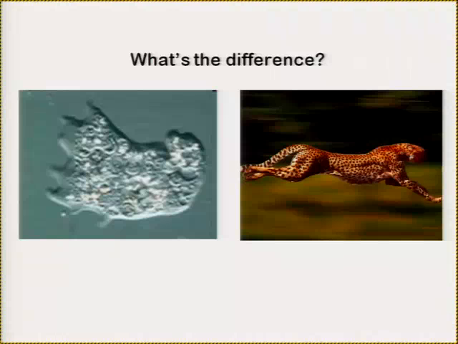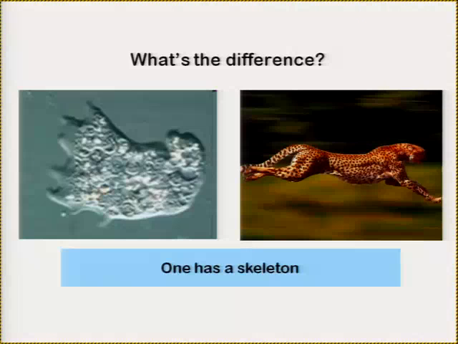The first questions are about what's the difference between the things that I'm showing you here. Remember, we're talking about the skeleton. So I don't really need an answer that the amoeba on the left is a single-celled organism, or that the cheetah on the right has spots. What I'm really looking for is that one has a skeleton.